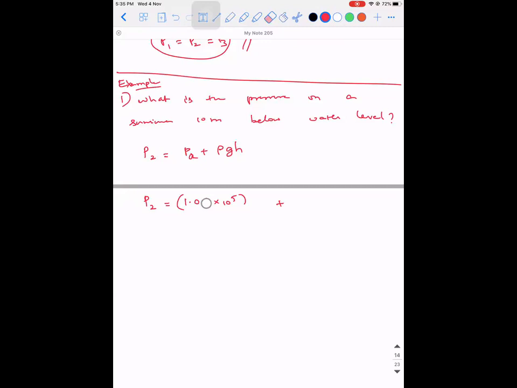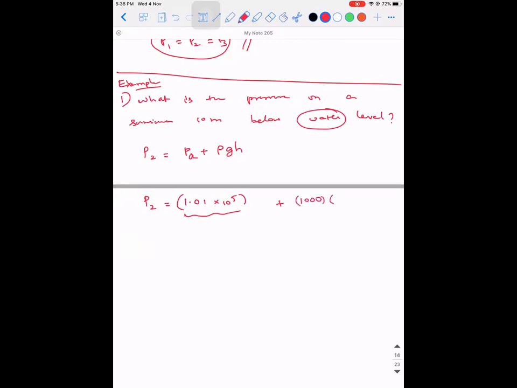I thought you guys would ask me what is the value of atmospheric pressure. The value of atmospheric pressure is 1.01 into 10 power 5 Pascal. Plus rho is how much? What is the density of water? What is the column that you use? Water. 1000.